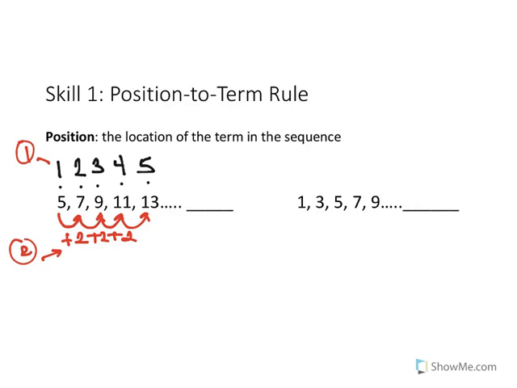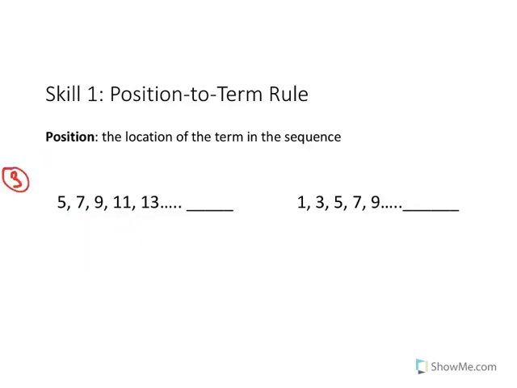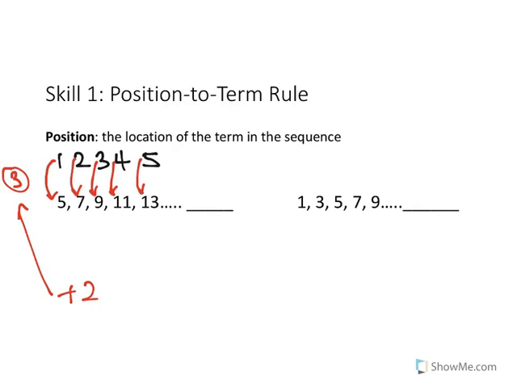Now the third step is, now that we know that the term to term is to add 2 each time, we have to turn it into the position to term rule. So we're trying to figure out, how do we turn 1 into 5, 2 into 7, 3 into 9, 4 into 11, and 5 into 13 using the same rule each time.